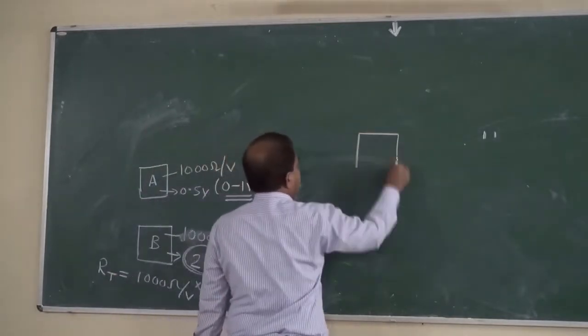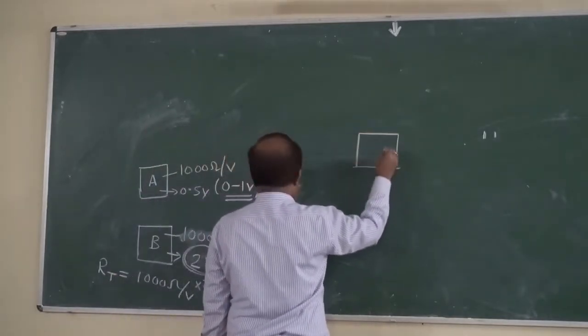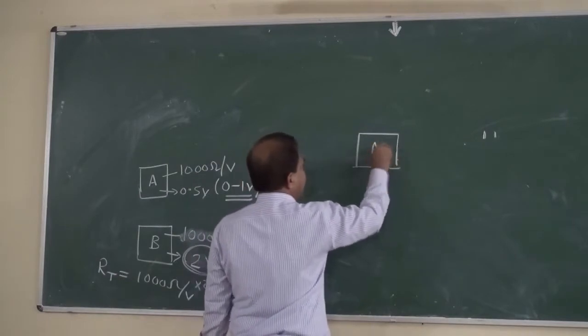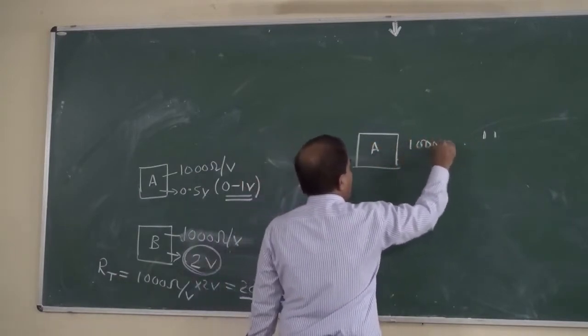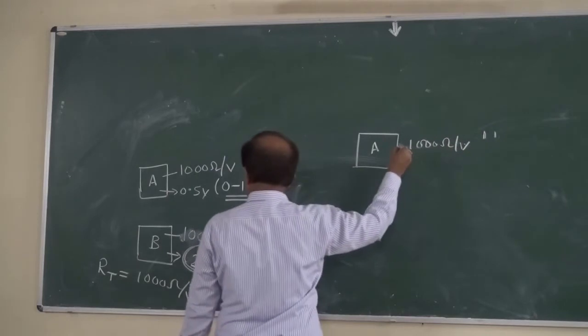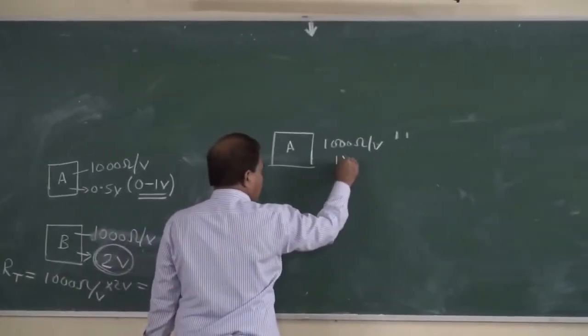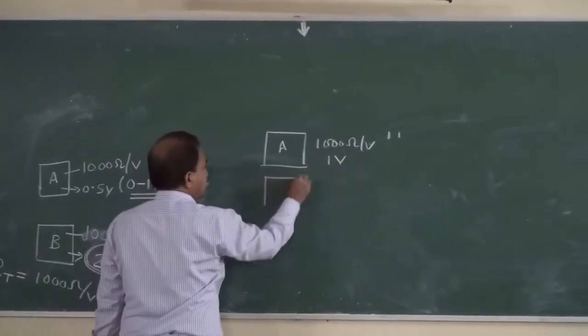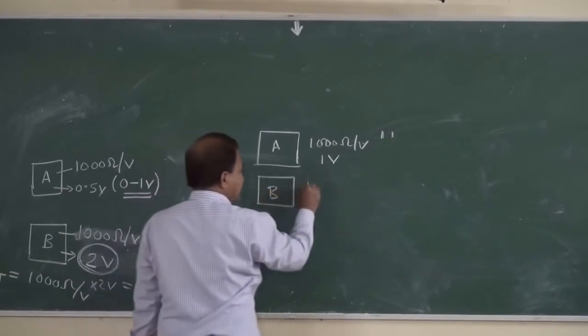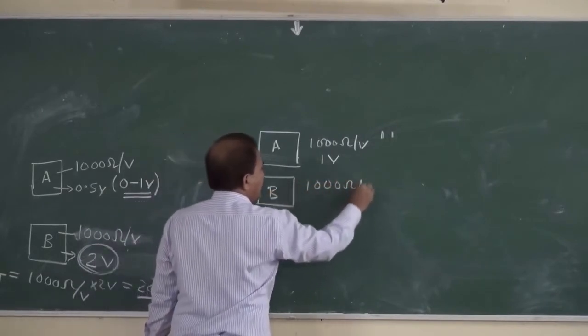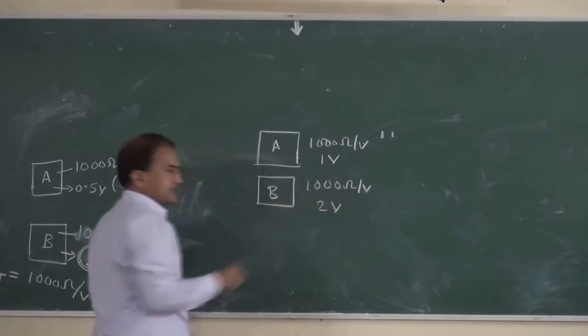Suppose one meter, this is meter A, 1000 ohms per volt, is selected at 1 volt range, and another meter B, also 1000 ohms per volt, is selected at 2 volt range.